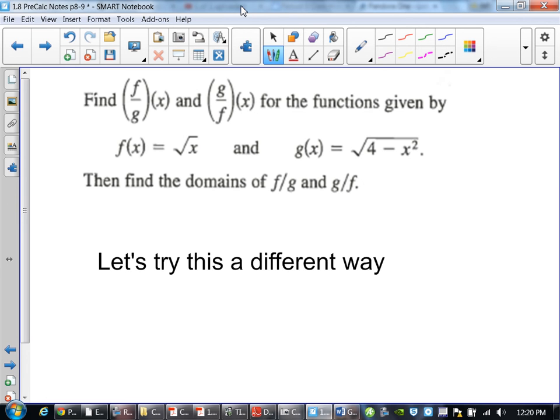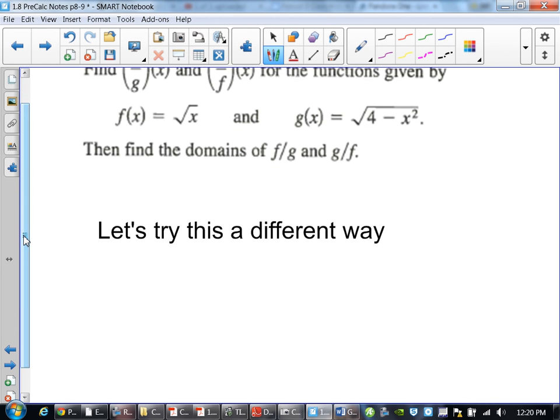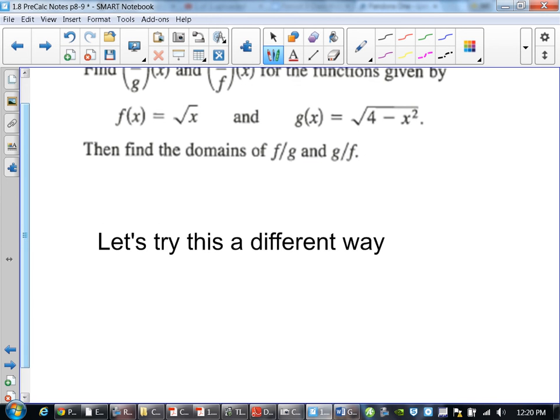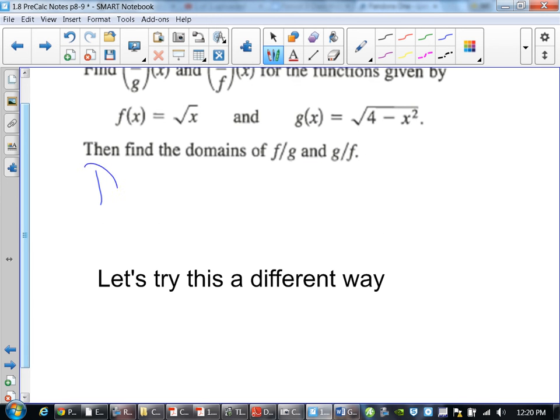Do you guys remember writing things out in terms of what's called set notation? Now, what we're talking about here is our domain for f of x. You guys are telling me that x has to be greater than or equal to 0. Agreed? Now, I'm going to write it in what's called domain or set notation.